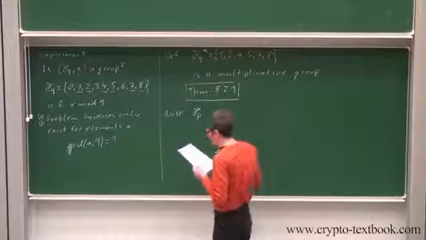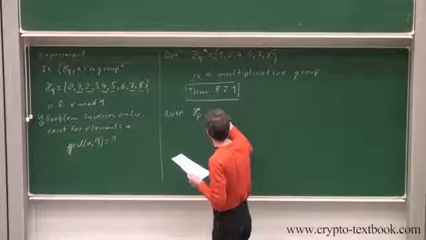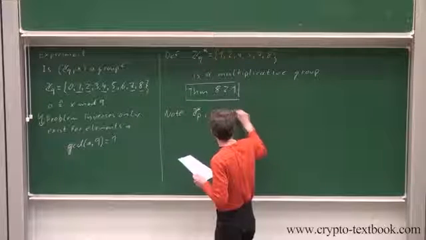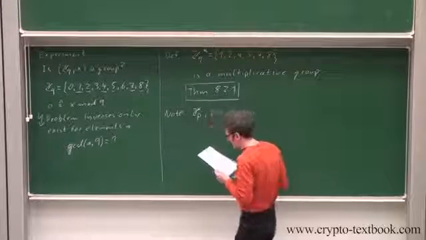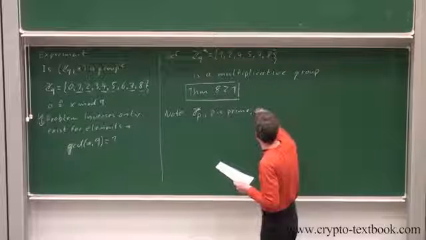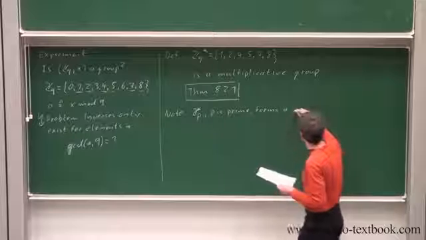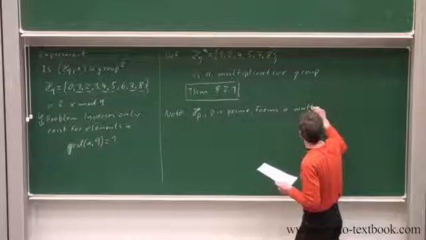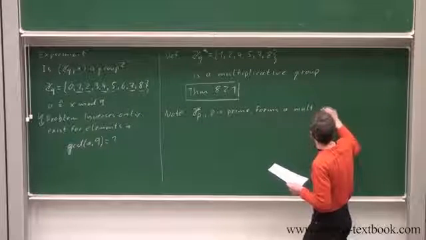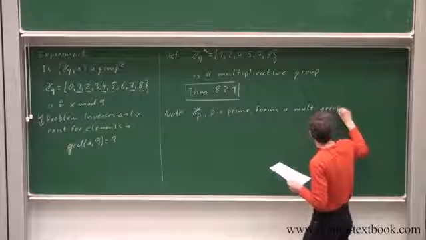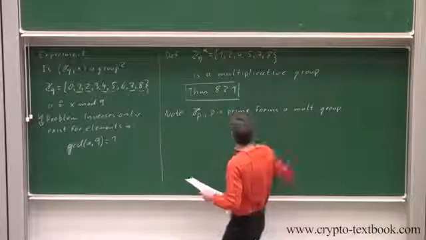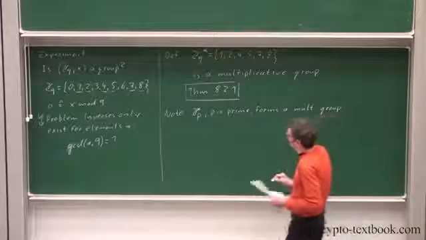Z star P, where P is prime, forms a multiplicative group as follows.